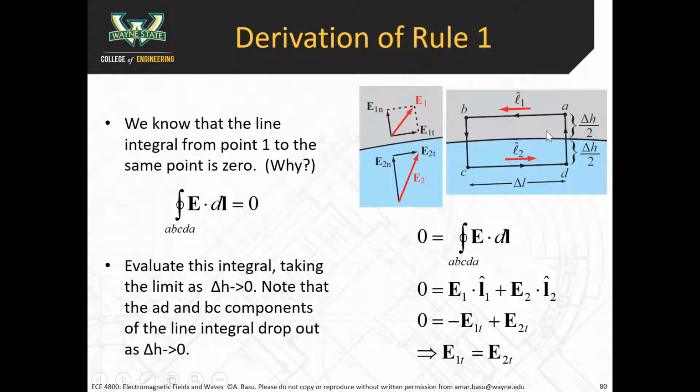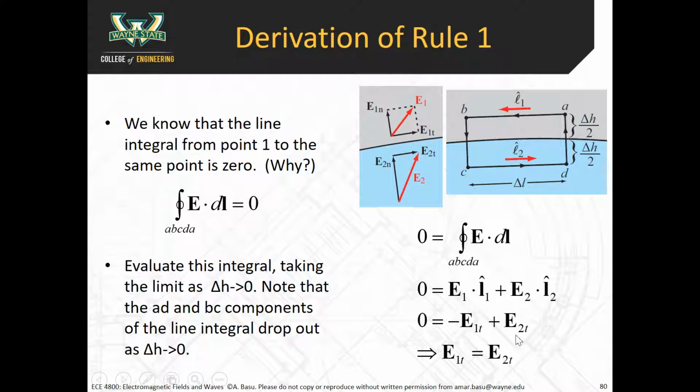So for E1 dot L, based on what you can see here, the electric field is going in the negative direction, and L is going in this direction, so this dotted with this is negative. The electric field here is going left to right, so the tangential component here is positive.